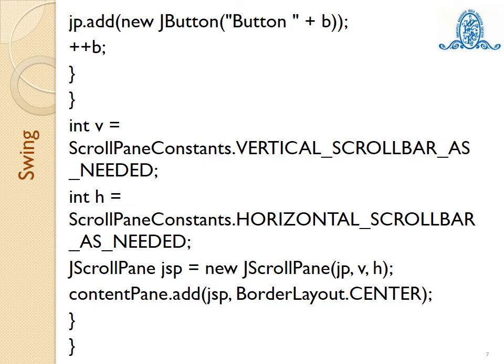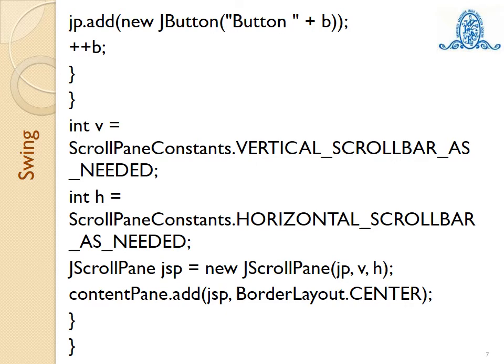So here jp, which is a panel object, dot add, and the buttons are created with new JButton("Button" plus b). So it will display the captions on these buttons as button 1, button 2, button 3, button 4, etc. The value of b is incremented.